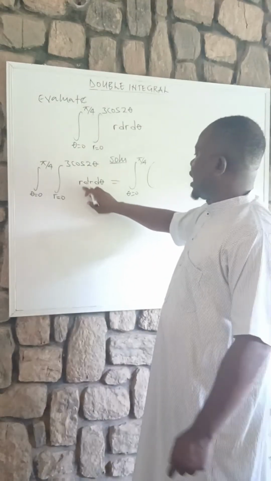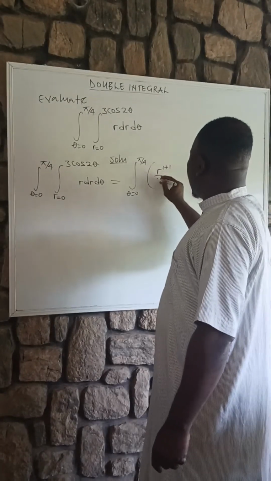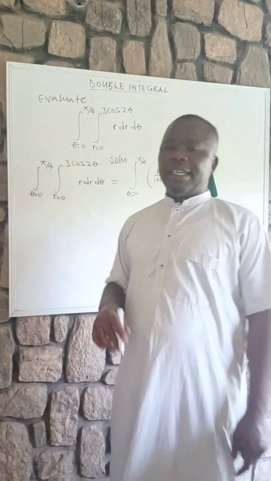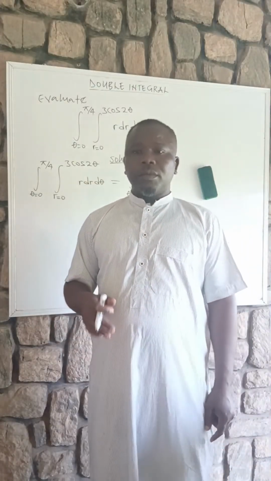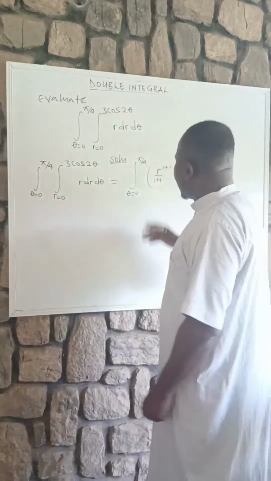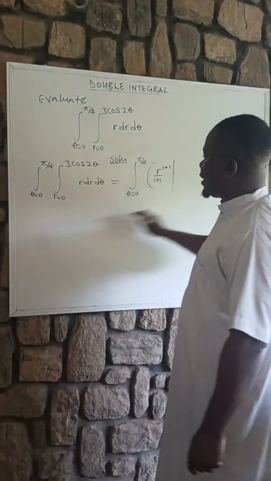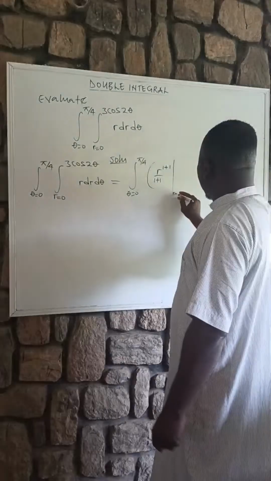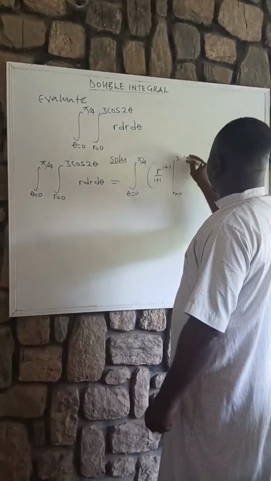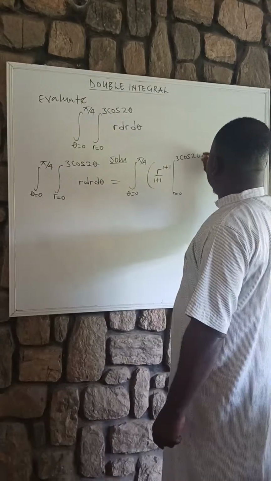So when you integrate r dr, you are going to have r raised to the power of 1 plus 1, all over 1 plus 1. You remember that in elementary calculus, when you integrate a single definite integral, you evaluate at the limits. So it will now turn to r running from 0 to 3 cos 2 theta.